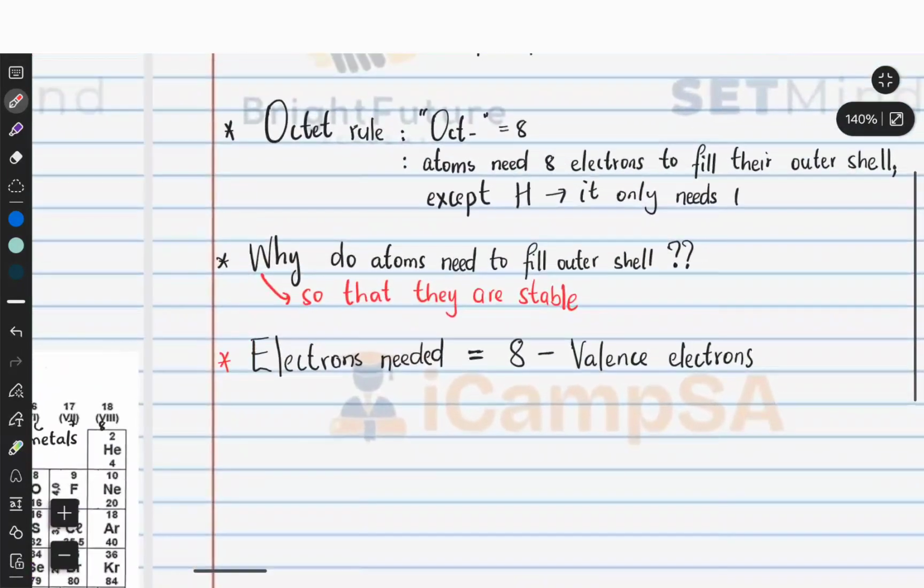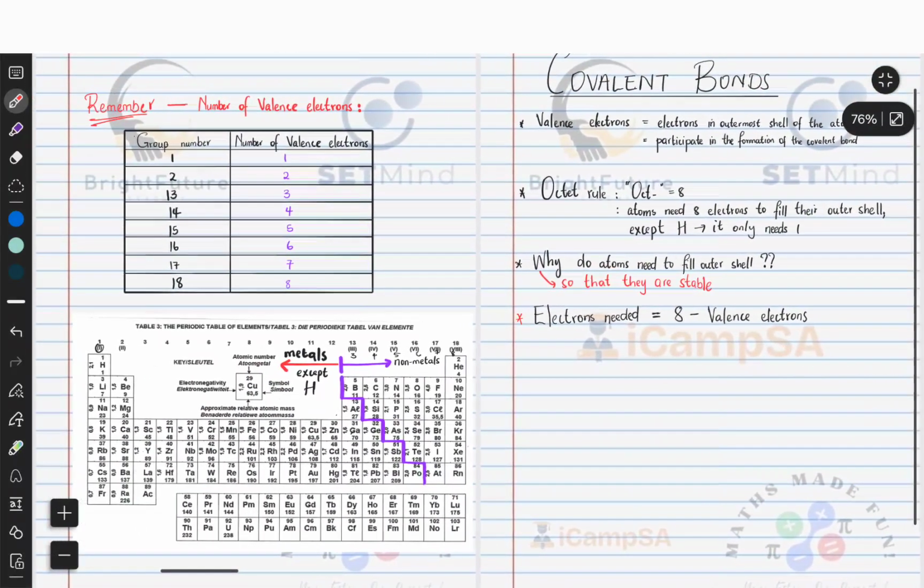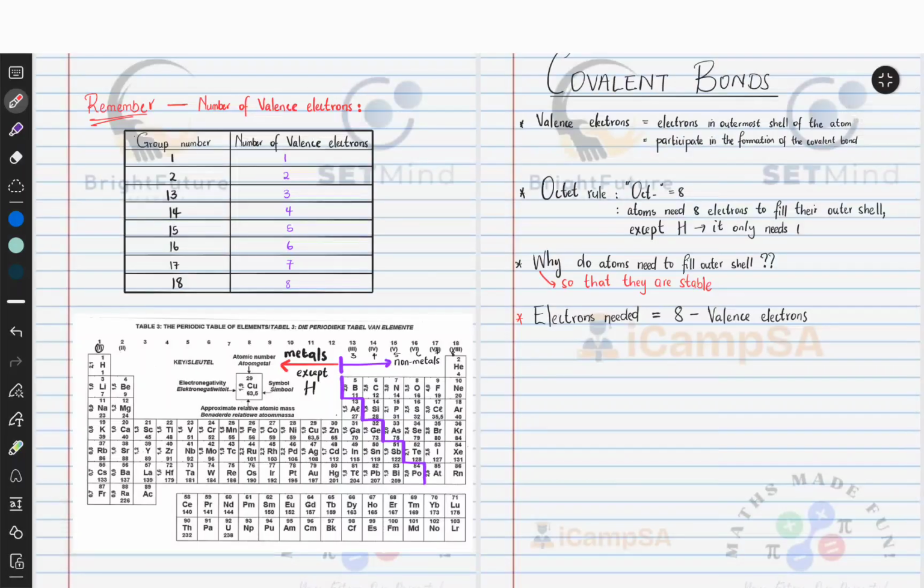So we have a visual way of seeing how these atoms behave when they meet one another in order to form a covalent bond. A covalent bond is essentially when these 2 atoms meet and decide to share their electrons, because they benefit from sharing these electrons, and the main benefit is that they get to fill their outer shell and thereby become stable.